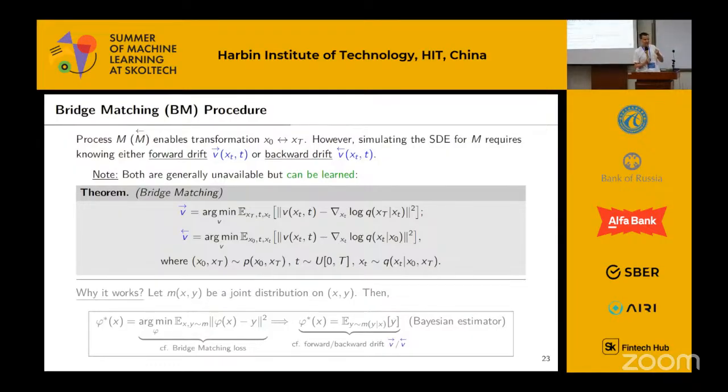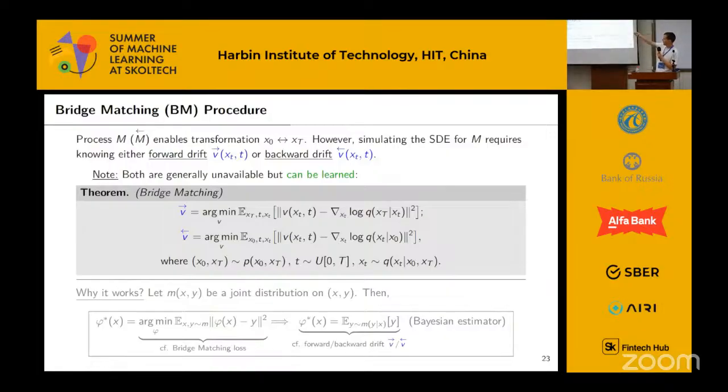But fortunately, one may design an optimization loss, just like in flow matching, which allows us to recover this unknown drift function of the Markovian projection. And this loss differs for the forward and for the reverse Markovian projection because it recovers the same process but in different time.